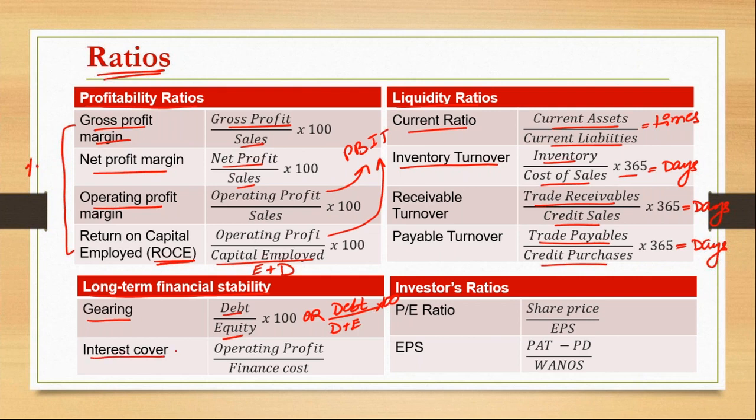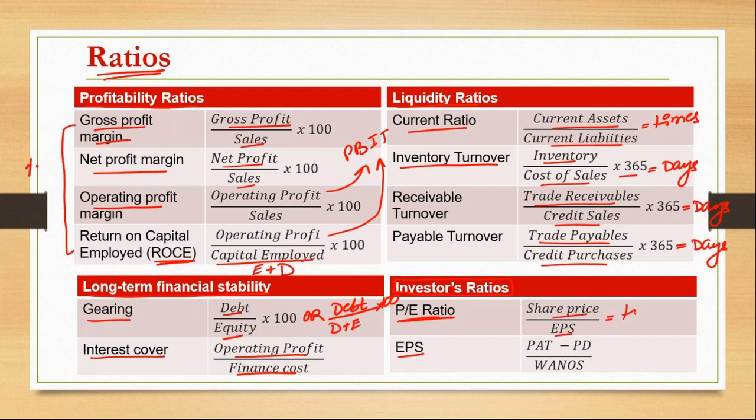Then we have interest cover. Interest cover is operating profit, which is profit before interest and tax, PBIT, divided by the finance cost. And when we talk about the investor ratios, these are the P/E ratio and EPS. This may include other ratios as well, but this is just a quick overview of what the possible ratios can be. The P/E ratio is market value divided by EPS.